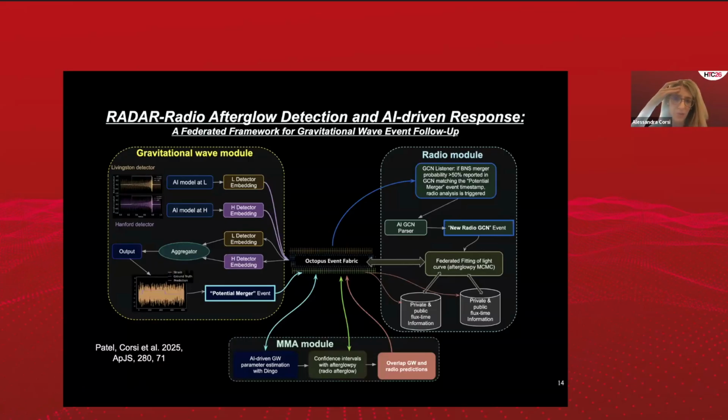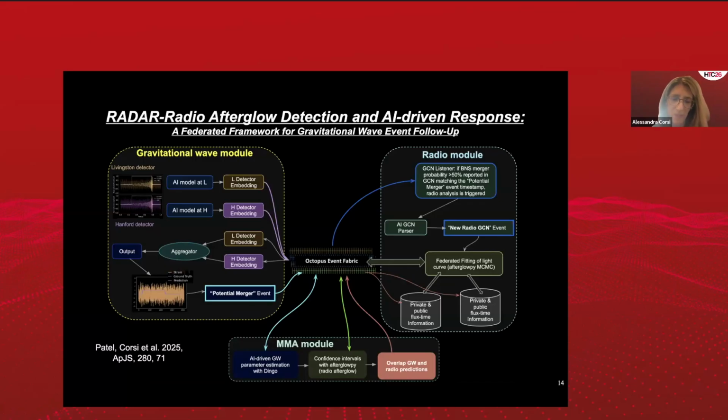And so lately, we've also been thinking about how we can orchestrate this whole process in a more efficient way. This is a paper we recently published on using perhaps AI-driven techniques to streamline some of the things that human beings currently do as we are listening to the gravitational wave alerts, responding and taking radio data, and then trying to share the results of the various modeling across observers that might have data they're not actually sharing among themselves.